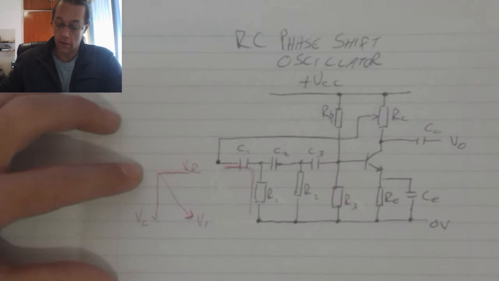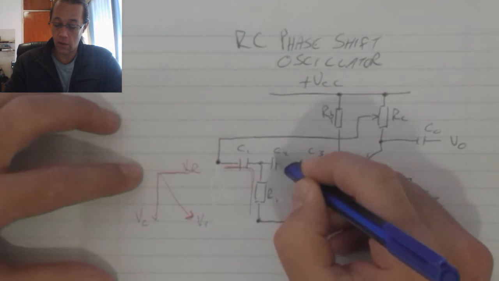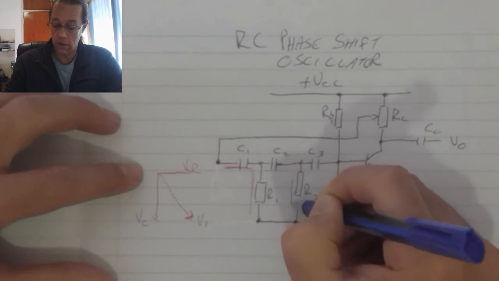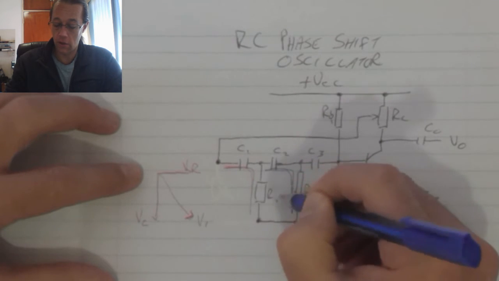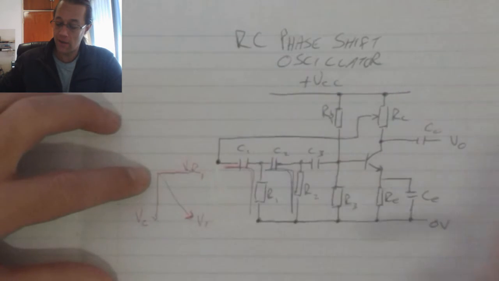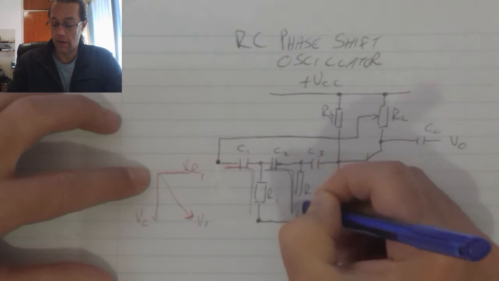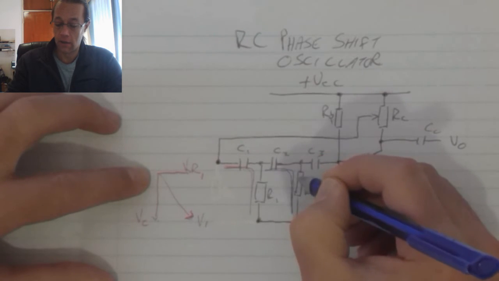Now, looking at this combination over here, we can see that R2 and C2 is connected in parallel with R1, which means VR1 is the supply value that I am connecting onto there.